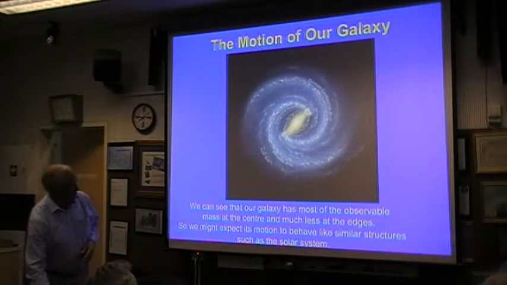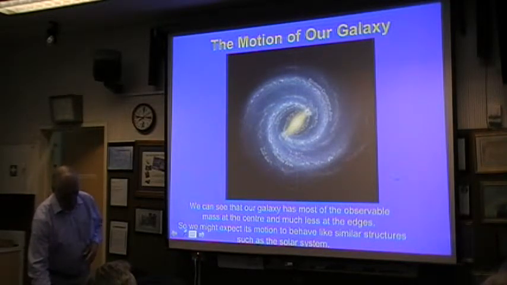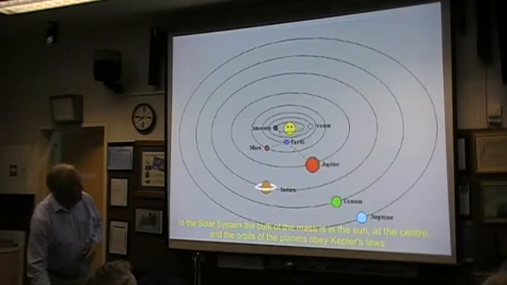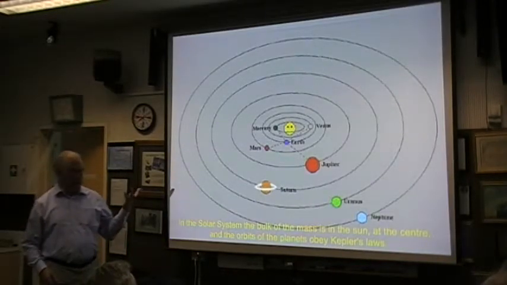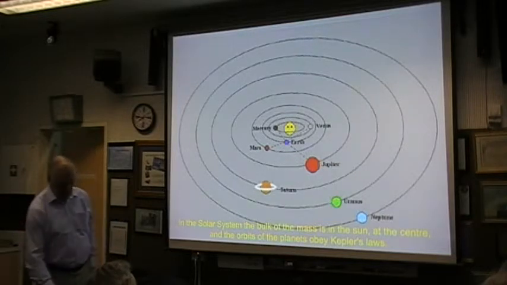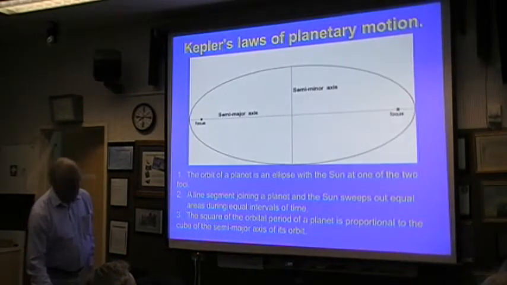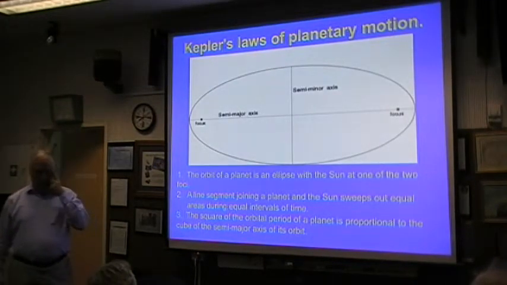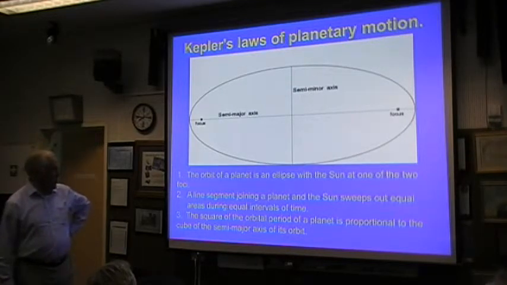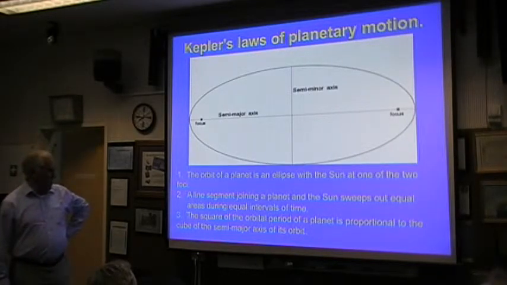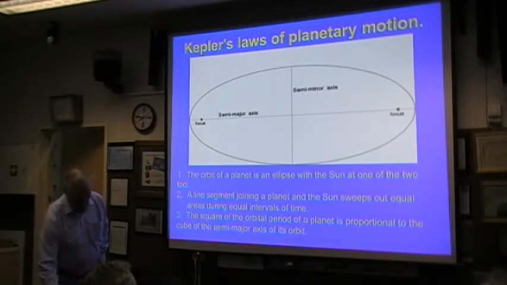So we would expect that it might obey the same rules as the solar system, where most of the mass is in the sun, planets are orbiting the sun, and Mr. Kepler came along and he worked out how the planets were moving with his laws, and he found that the velocity of the things orbiting the heavy object at the middle was inversely proportional to their distance from it.